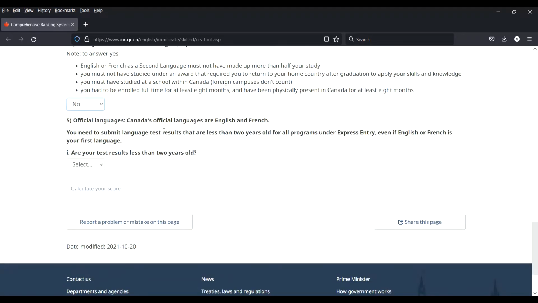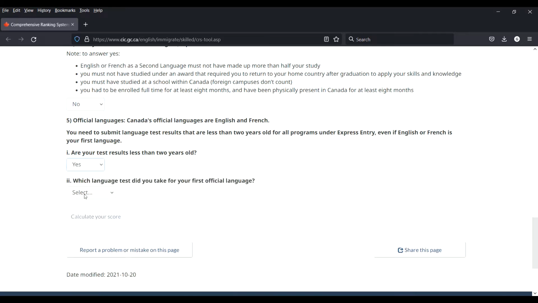Official language: Canada's official languages are English and French. So do you have any? We're going to say yes, because you are supposed to have taken a language test before you apply for Canada Express Entry.